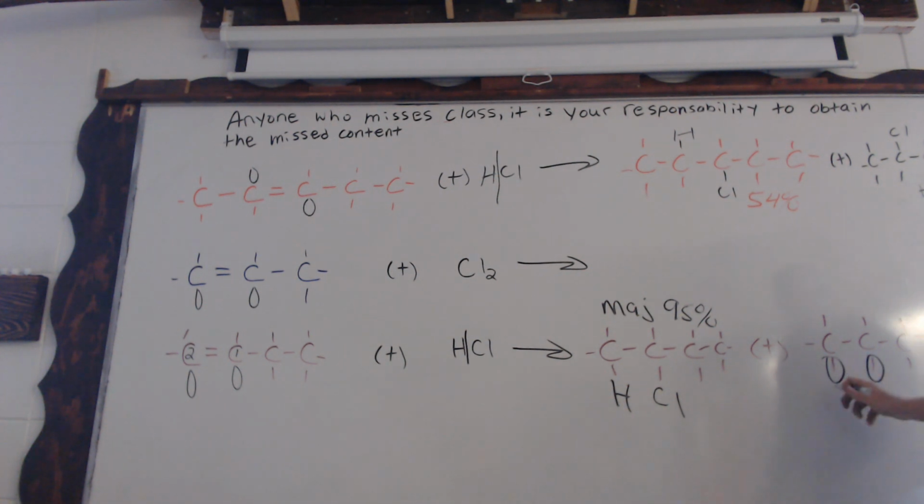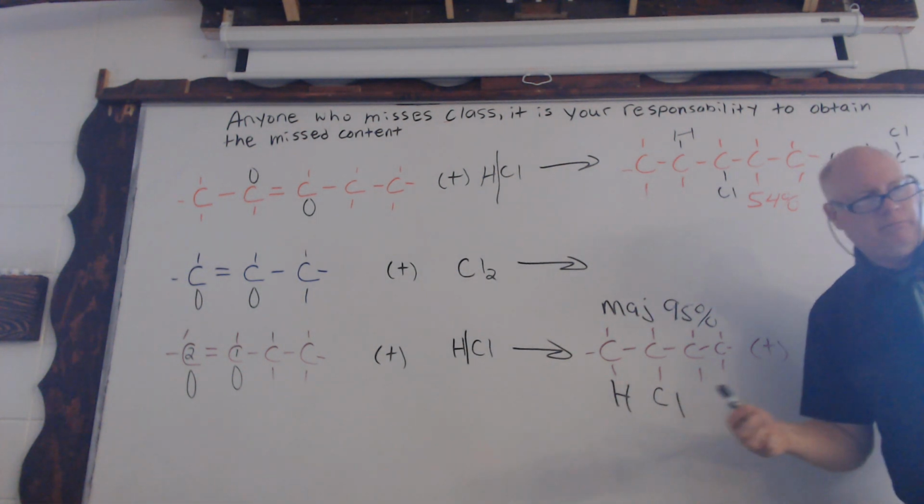Put the chlorine on the first one, then the hydrogen goes on this one. So this is known as a minor product. Somewhere around, it's probably not quite 5%, but you are going to get some of this chlorobutane, where the major product you're going to get is 2-chlorobutane.